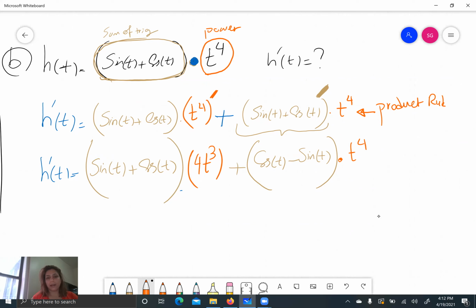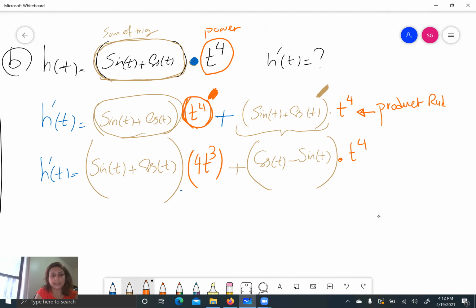Okay, so again, we started with the product of two functions. One function is the summation of trig functions, and the other one is a power function. So we need to apply the product rule, which says the first function times the derivative of the second function. That's why I put the prime here.